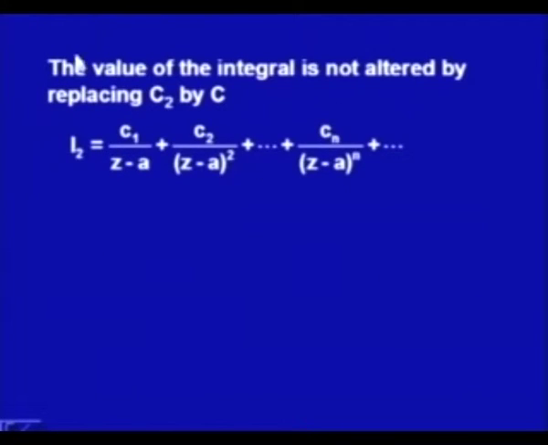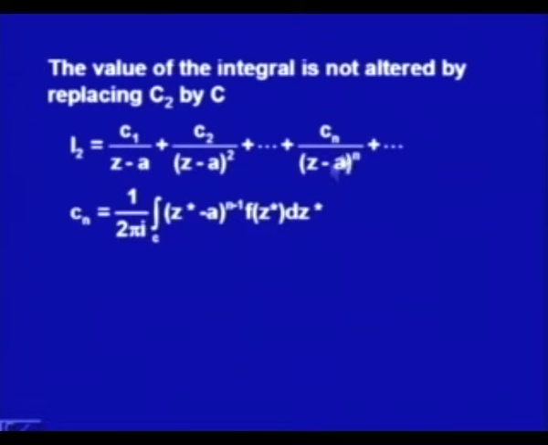Now, the value of the integral is not altered by replacing C2 by C, which I have already explained, and then I2 will be represented as C1/(z − a) plus C2/(z − a)², and the nth term being Cn/(z − a)^n and so on, where the coefficients C1, C2, Cn are given by this general formula, that is Cn is equal to 1/(2πi) times the integral over C, and the integrand is (z* − a)^(n−1) f(z*) dz*.